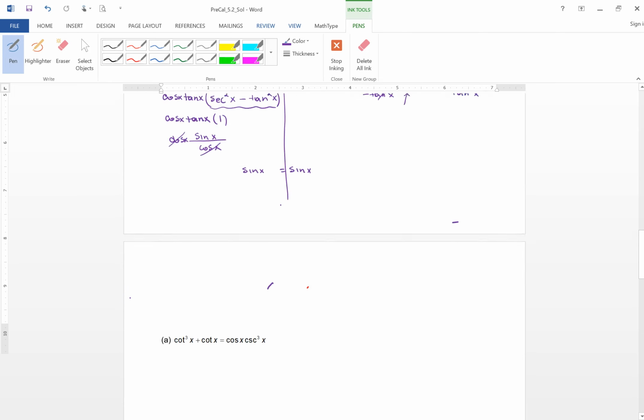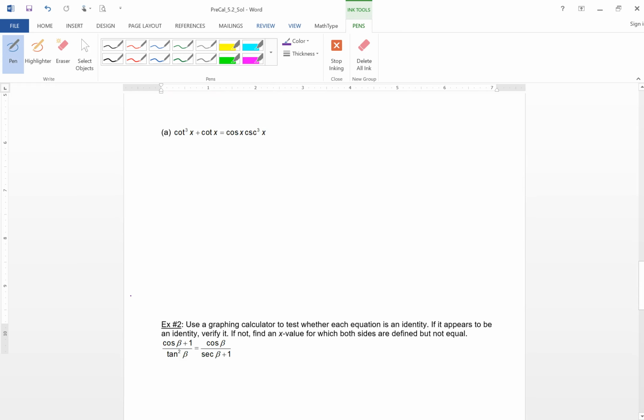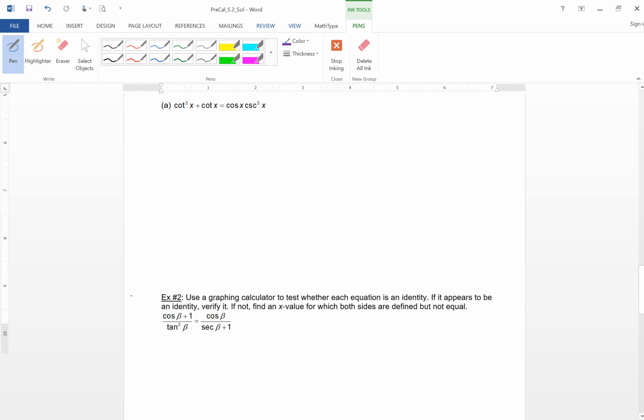One more. This should say E. I pressed enter and it must have recalculated. Okay, so here I'm going to factor out a cotangent.